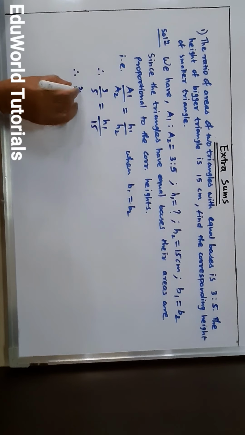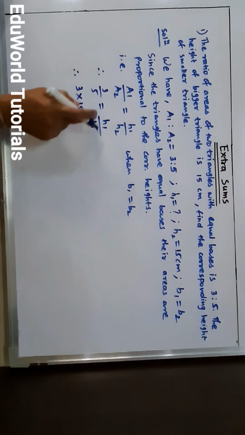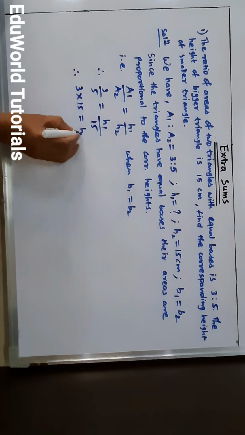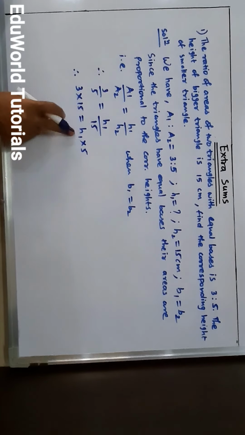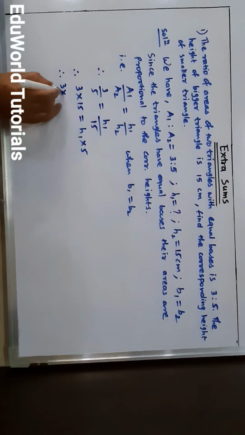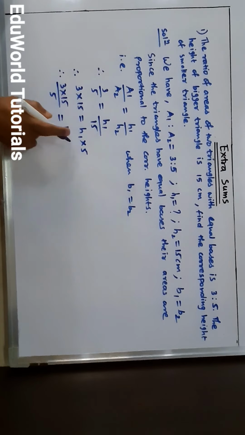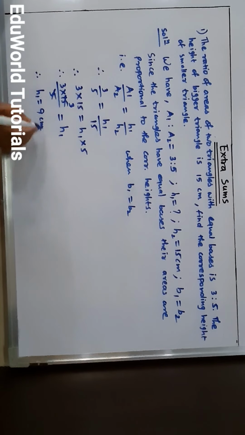Cross multiply: 3 into 15 is equal to H1 into 5. So how to find H1? 3 into 15 upon 5 is equal to H1. This 5 is brought here, 5 3s are 15. So H1 is equal to 9 centimeters.